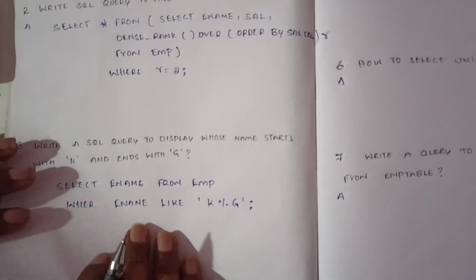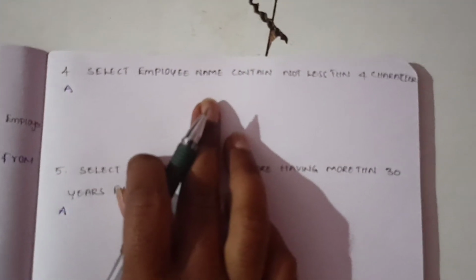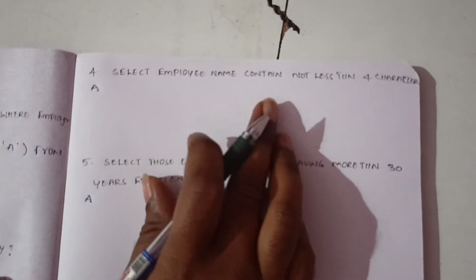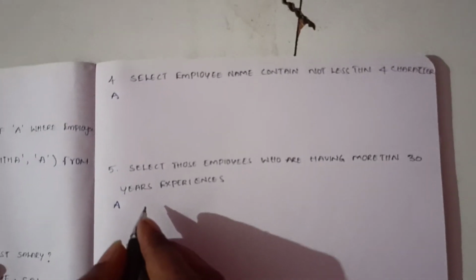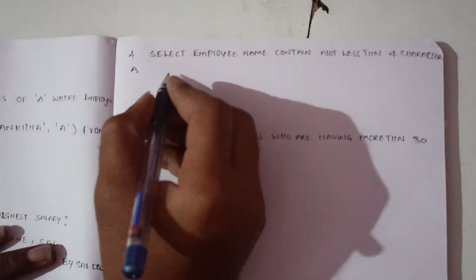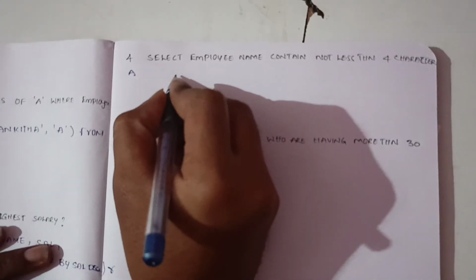We are going to see the fourth SQL interview question, that is select the employee name not less than 4 characters. If the employee name is 4 characters or above, then only we can select it. For this we are going to write the query.